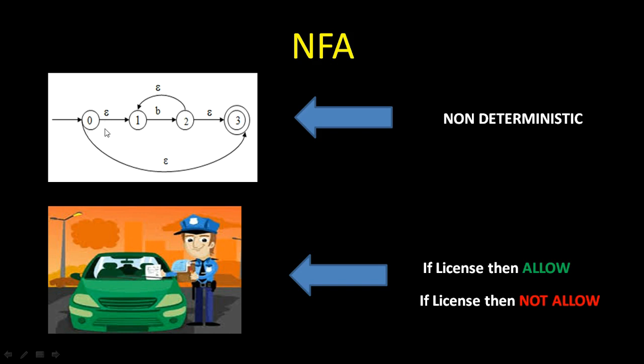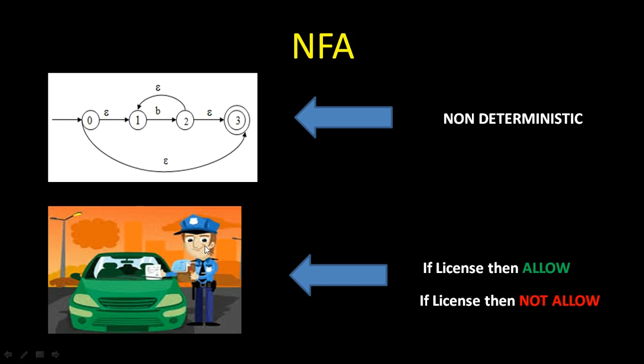For example, if you are in the zeroth state, both the labels are epsilon. We cannot predict whether we are going to next state 1 or next state 3. So there is confusion. Then it is called non-deterministic. We cannot determine exactly how to move to the next position by means of these labels.